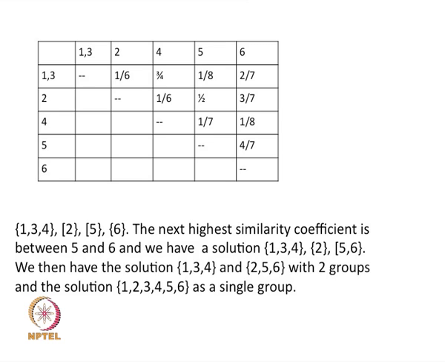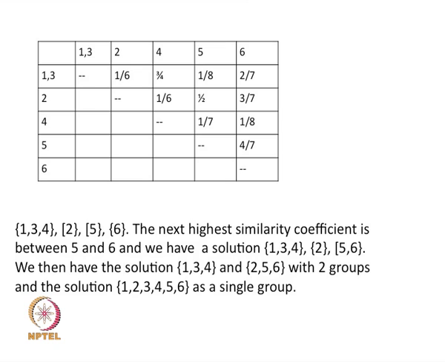at the next iteration we will get 4 groups with 1, 3, 4, 2, 5 and 6. Then we will get 1, 3, 4, 2 separately, 5 and 6 will go together. Then we will have 1, 3, 4 together, 2, 5, 6 together, and then we will have all of them coming together. So, we started with a solution where each of these 6 machines or 6 rows were 6 different groups.